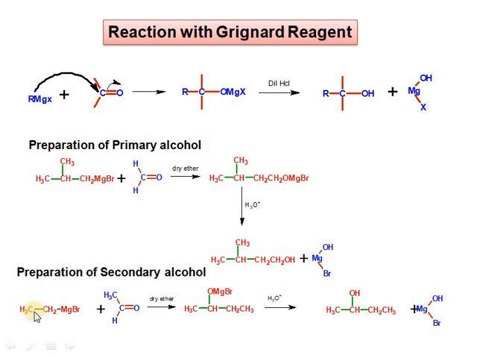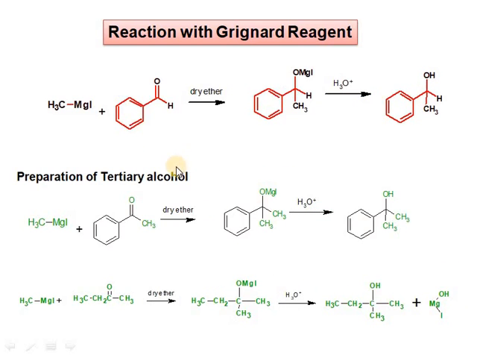So CH3CH2 minus Mg plus, the CH3CH2 minus attacks the carbonyl carbon and forms a negative charge on oxygen. So O minus MgBr. After hydrolysis with acid, O minus is converted to OH. This is the byproduct. Similarly, we also prepare tertiary alcohols like this.